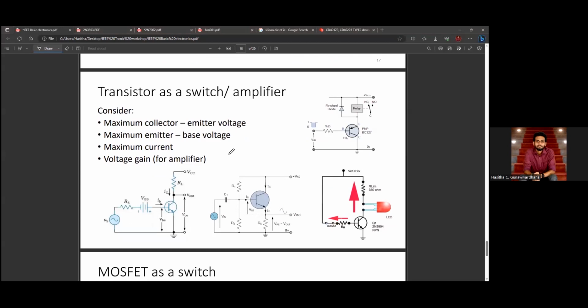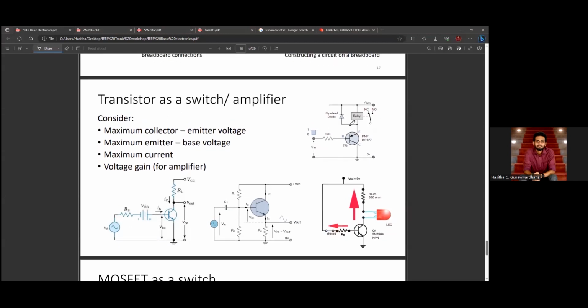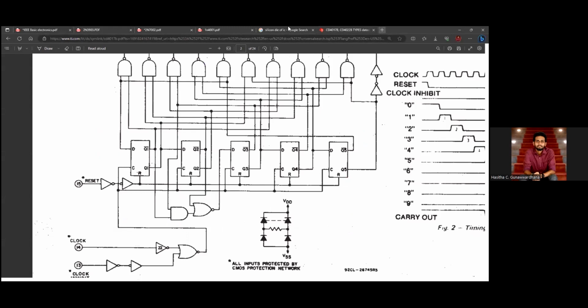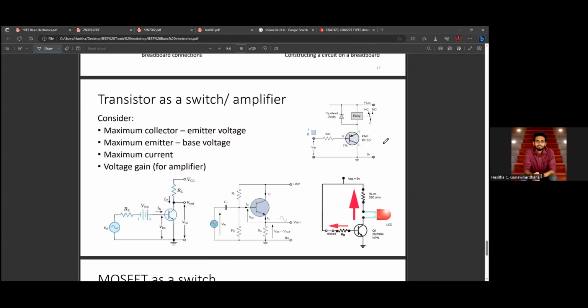So the second part may be more important to you when you design a circuit. When we design a circuit, for your task, the task will be somewhat simple. Even though it is simple, you have to consider how to choose a component. There are like 100,000, millions of various kinds of components.